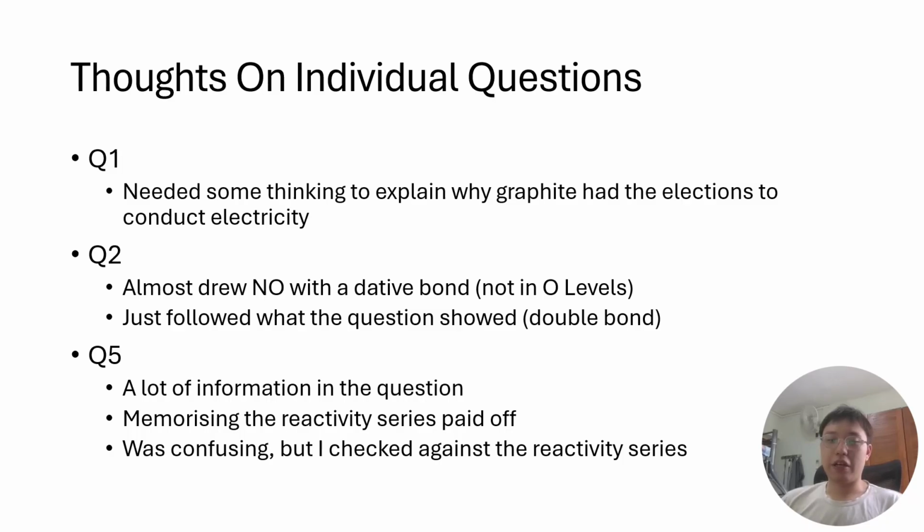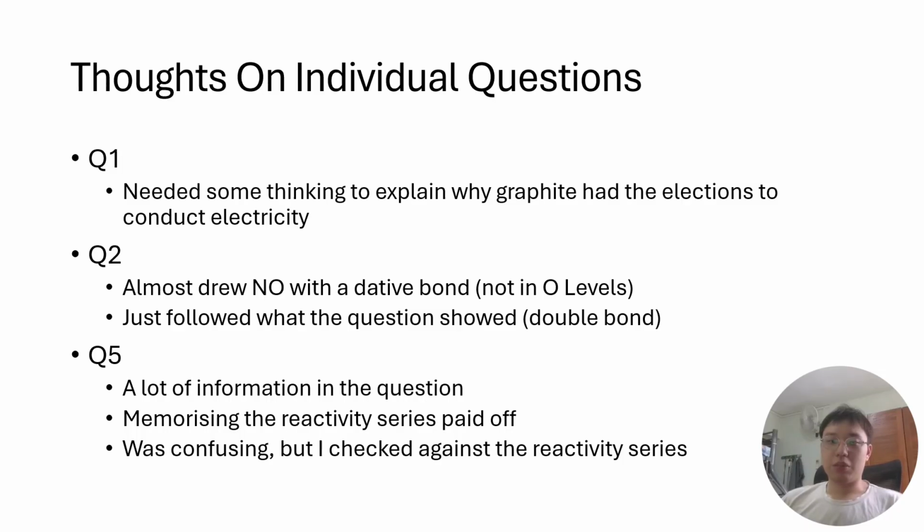Next will be question 5. I found that there's a lot of information in the question because it is a series of experiments regarding reacting different metals with each other and then recording the rise in temperature if there's a certain reaction.